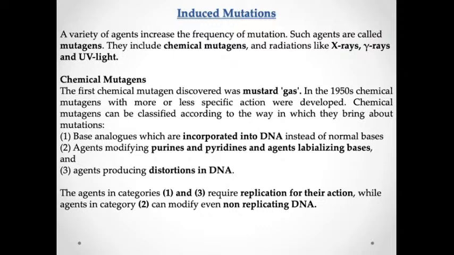We can classify them according to the way they work. First is base analogs, which get incorporated into DNA; then those which modify the purines and pyrimidines, agents labeling bases, and agents producing distortion in the DNA. Agents 1 and 3 require replication for their action, whereas the second one can modify non-replicating DNA.